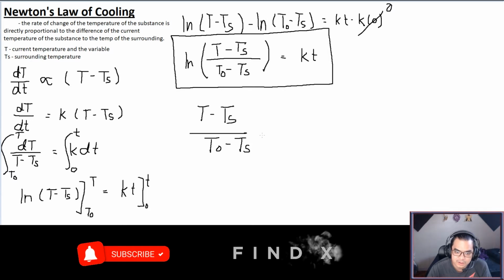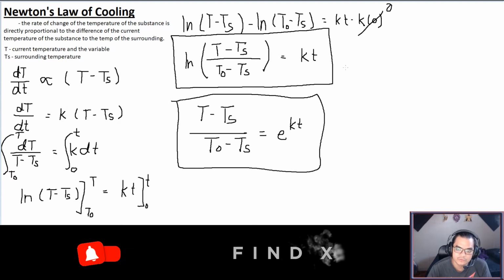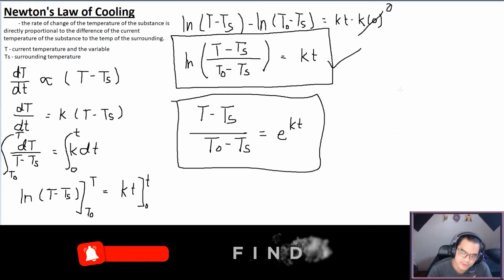So you'll have T minus Ts all over T0 minus Ts equals e raised to kt. So whatever formula that you want. However, I'm more comfortable with this one. Okay. So that will be the formula for Newton's law of cooling. With that, let's proceed to some sample problems.